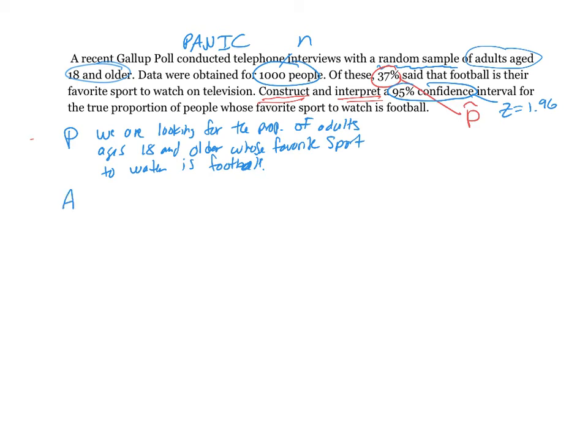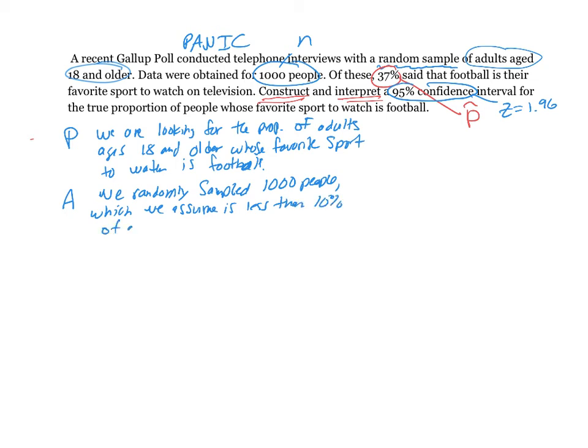A is assumptions or conditions. So here's where we need to mention those 3 conditions, where we say we randomly sampled 1,000 people, which we assume is less than 10% of all adults 18 and over, which I think is a pretty good explanation, okay?